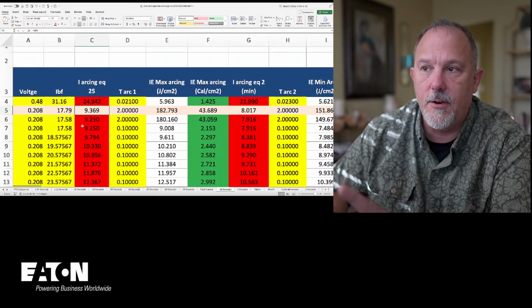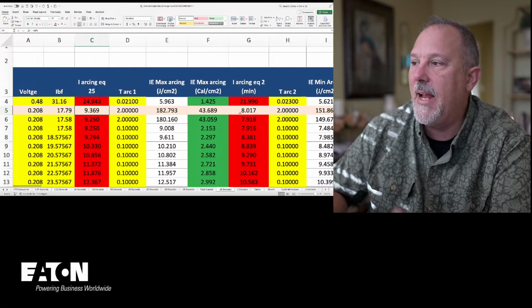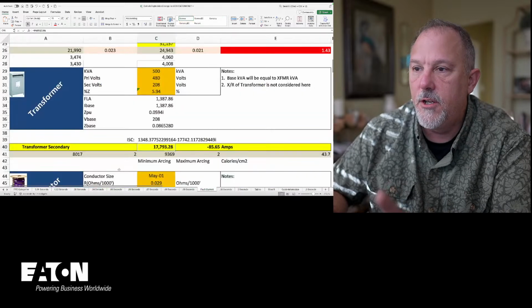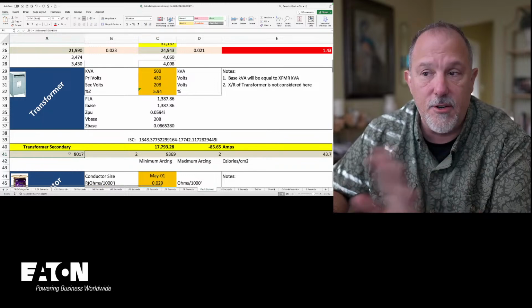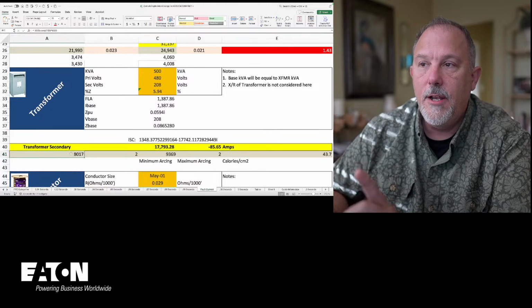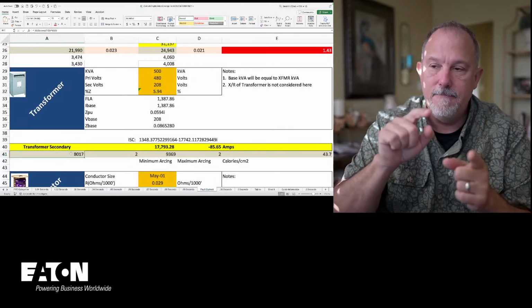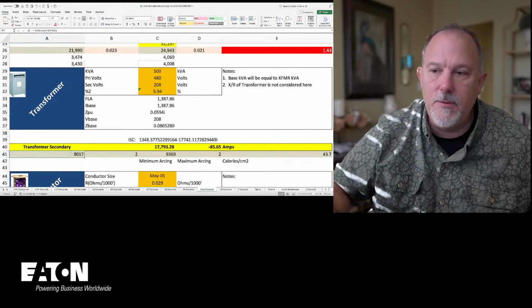My arcing currents, my highest arcing current is 9,369. My lowest arcing current is 8,017. So 9,369 and 8,017. Those are my two values. Now, what I have to do to determine the clearing time of that, I have to reflect those numbers to the primary. How do I do that?